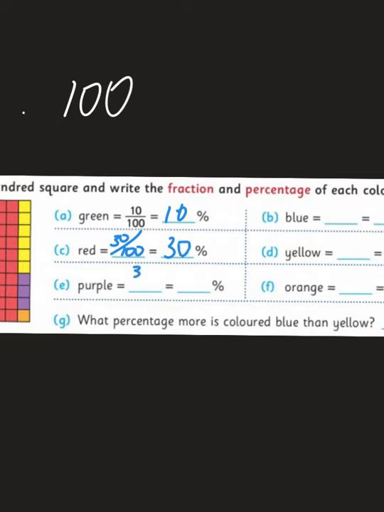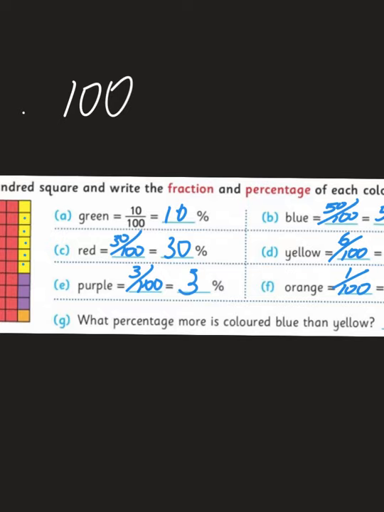Purple, there's 3 out of 100. 3%. Blue, 10, 20, 30, 40, 50 out of 100, 50%. Yellow, 1, 2, 3, 4, 5, 6 out of 100, 6%. And orange, there's 1 out of 100, 1%.